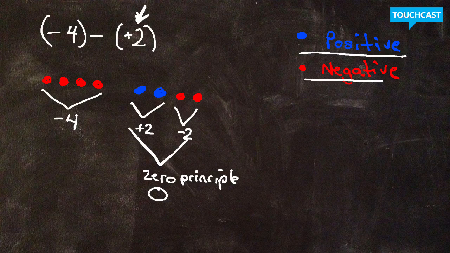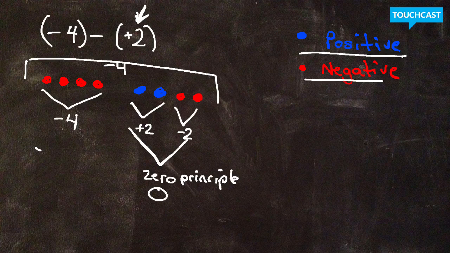So what I have done is made this whole value equal to -4. But I added 2 positives so that I can take them away later, and when I added 2 positives, I had to add in 2 negatives to keep this at 0. So the whole thing is worth -4.